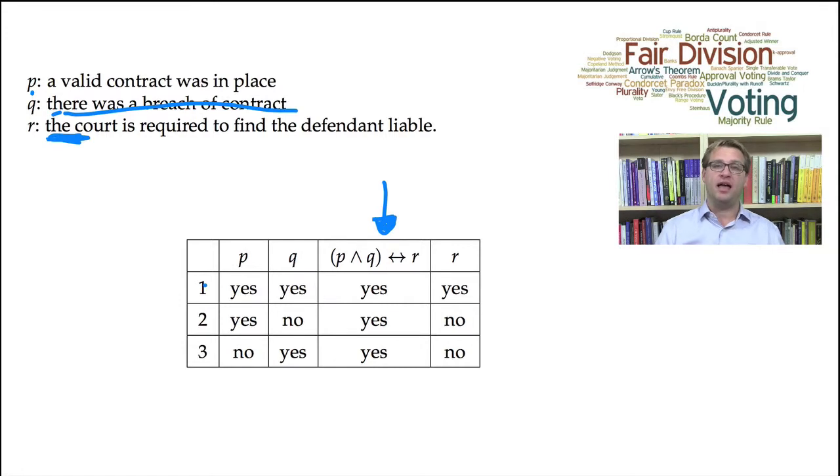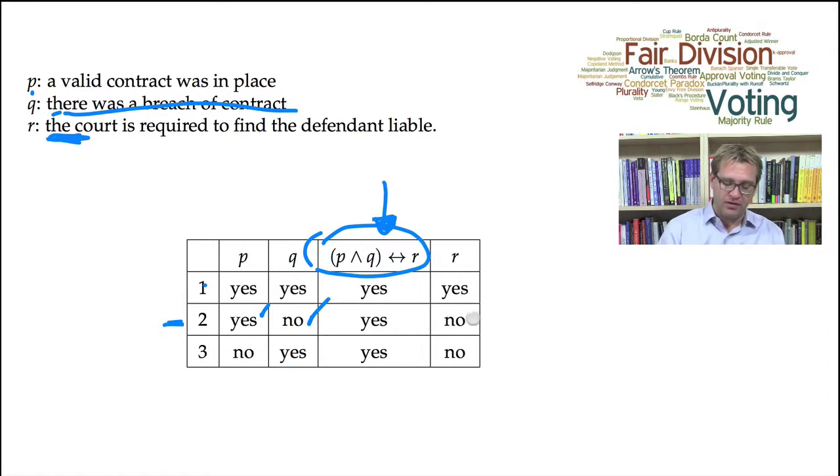And now the judges are asked to offer their opinions about P, Q, and R. And so let's say voter 1, or judge 1, thinks P is true. It is true that a valid contract was in place, and it is true that there was a breach of contract. So according to this law, it is true that the court is required to find the defendant liable. What about voter 2? Well, voter 2 thinks a valid contract was in place, but there was no breach of contract.